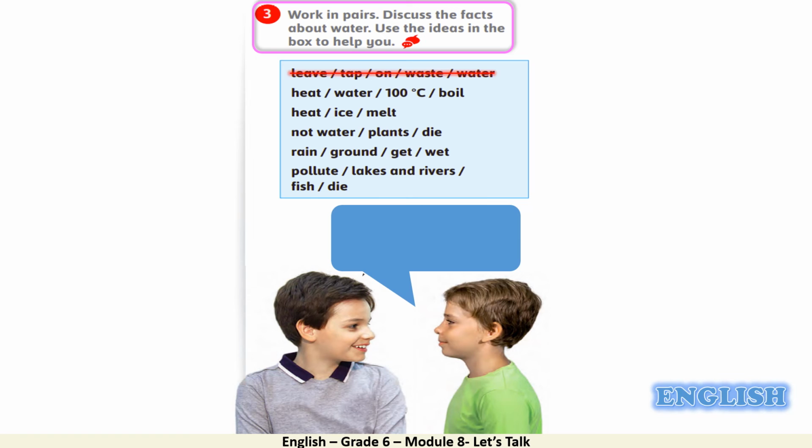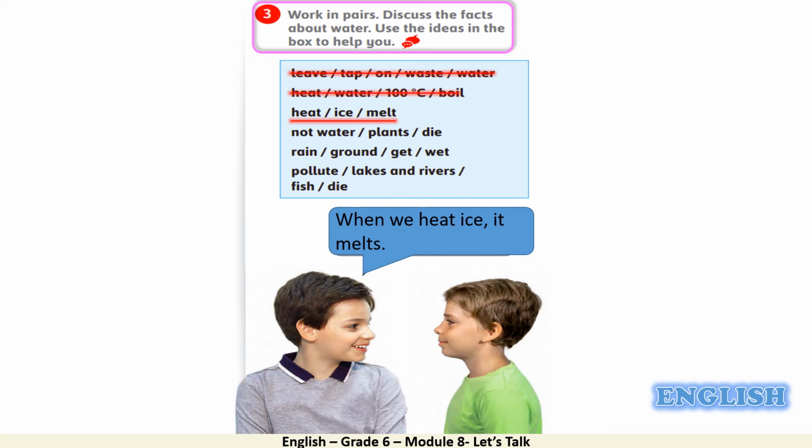We are back. So number 2, heat water 100 degrees Celsius and boil. Yes, perfect. If we heat water to 100 degrees Celsius, it boils. Great. Number 3, heat ice melt. Perfect. When we heat ice, it melts. Number 4, great.